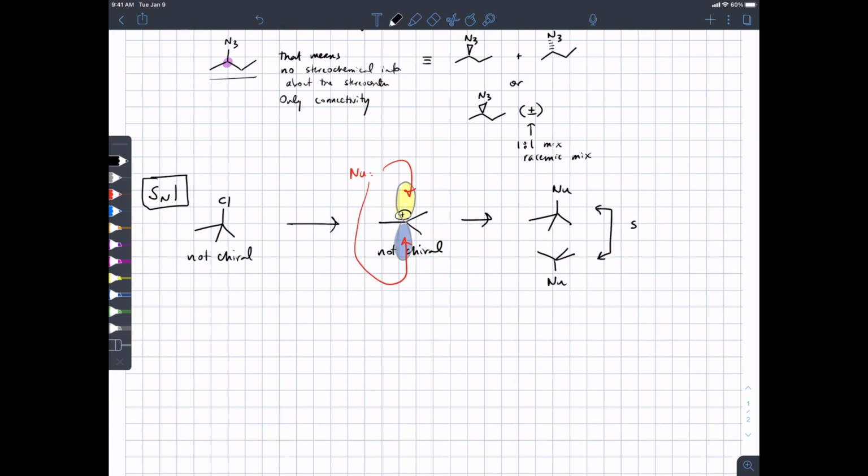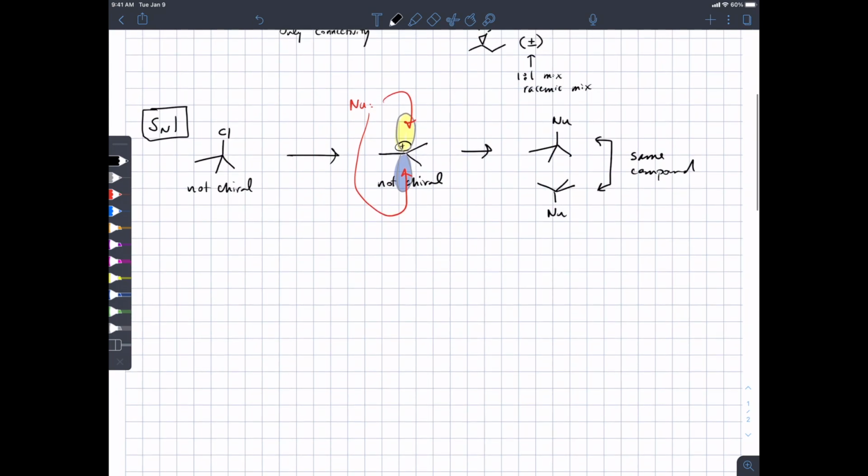They're actually the same compound. So if your starting material is not chiral in an SN1 reaction, the intermediate won't be chiral, and the product will also not be chiral.